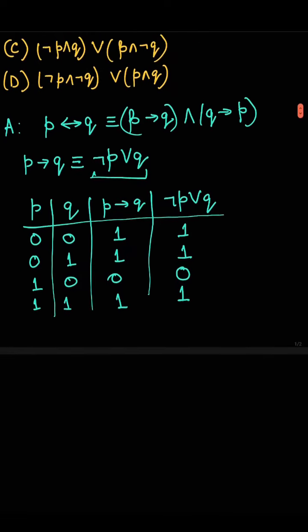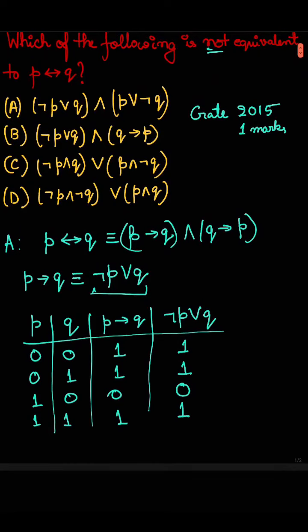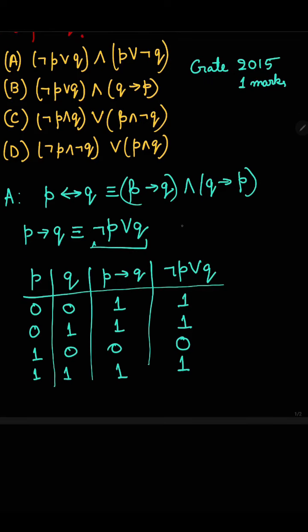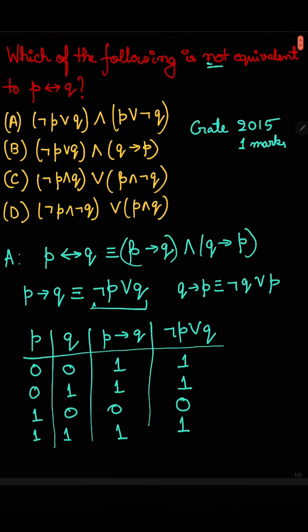Now let's look at the options. So if P implies Q is not P or Q, similarly Q implies P will be not Q or P. Let's look at the first option.